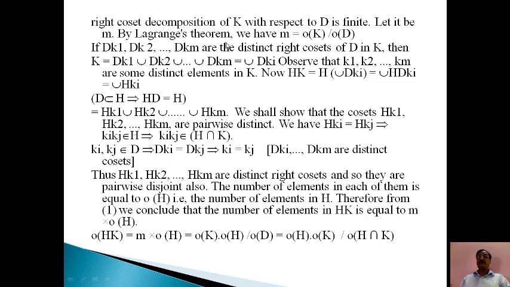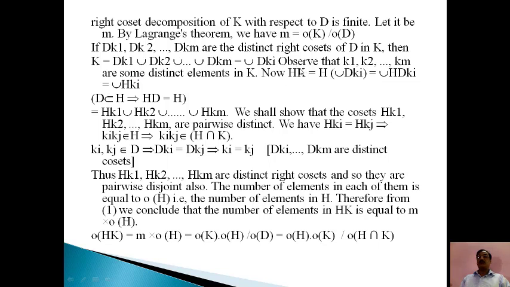By Lagrange's theorem, we have m equal to the order of K over the order of D. If Dk1, Dk2 and Dkm are distinct right cosets of D in K, then K is written as Dk1 union Dk2 and so on Dkm. Observe that k1, k2 and km are some distinct elements in K.